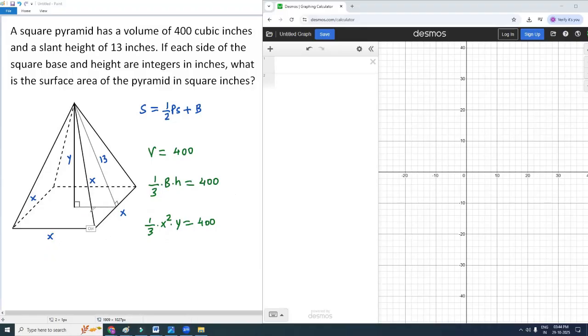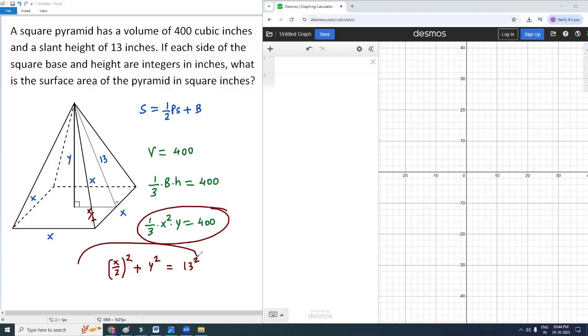So the length of this leg is x over 2. Already we have the length of the other leg, y. Now we can use the Pythagorean theorem in this right triangle: the sum of the squares of the two legs equals the square of the hypotenuse. That is (x over 2) squared plus y squared equals 13 squared.